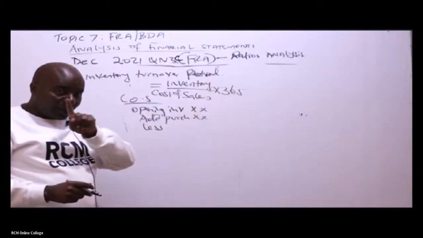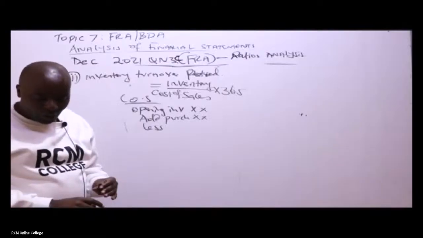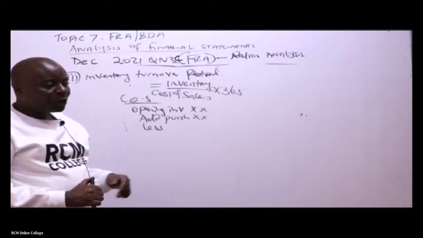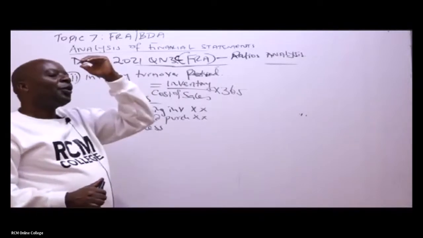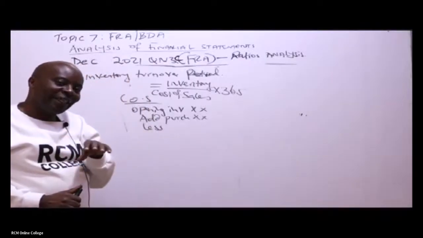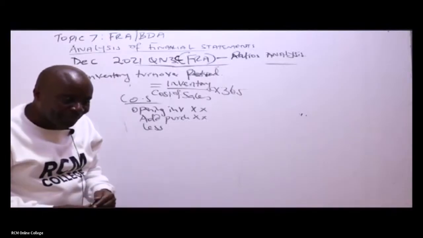The examiner will dictate that for you. Like now in this question, he has told us to assume a 365-day financial year. So this is normally how we calculate inventory turnover period: inventory over cost of sales times 365.